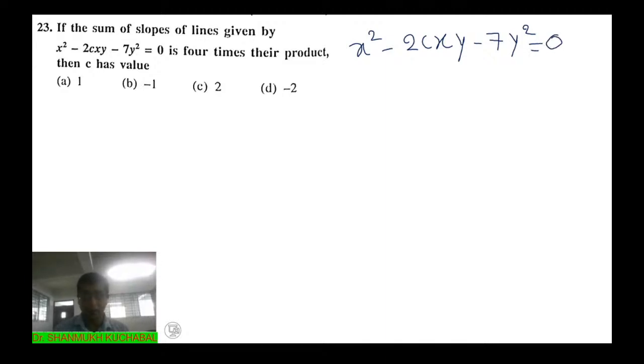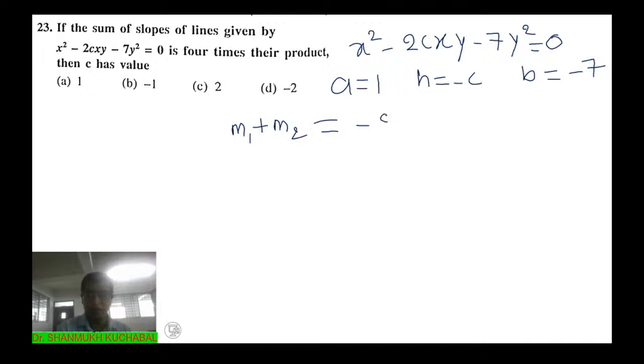We have to compare it with the standard equation and write the values of a, h and b. So in this equation, a equal to 1, h equal to minus c, and b equal to minus 7. Further, we'll find the sum of slopes, that is m1 plus m2. This is equal to minus 2h divided by b.